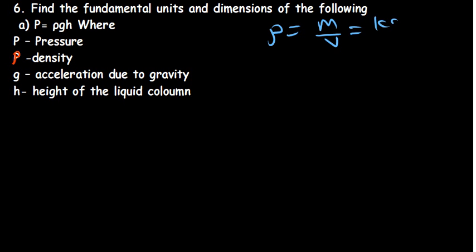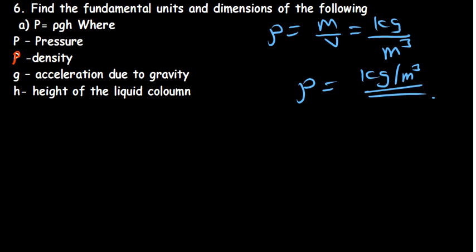Mass is in kg, volume is in cubic meters. So density is kg per cubic meter. These are the fundamental units of density.